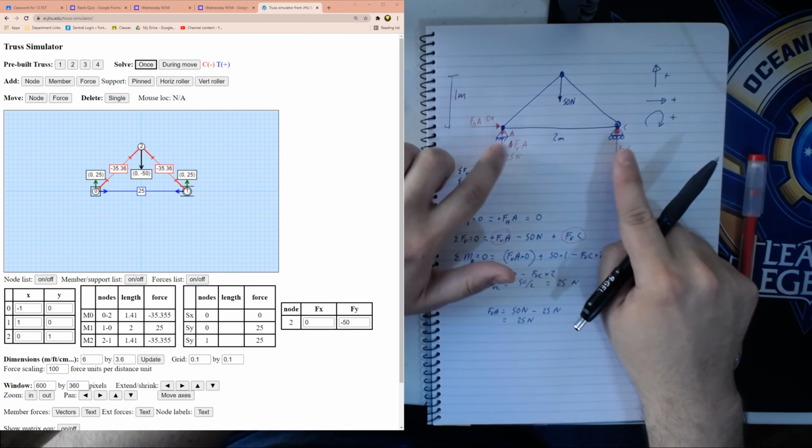Alright, so we have our 25 reaction forces. Now, to solve this whole truss, I mean we want to find the individual force on each of the members. This can be relevant if we're making a bridge and we know that we have a piece of metal that will fail if it is experiencing a force over 100 newtons.